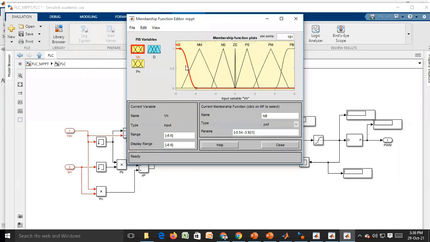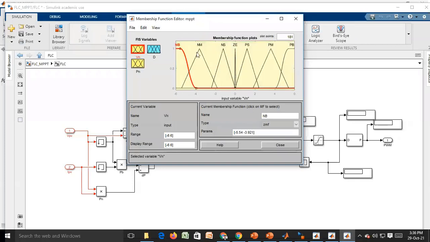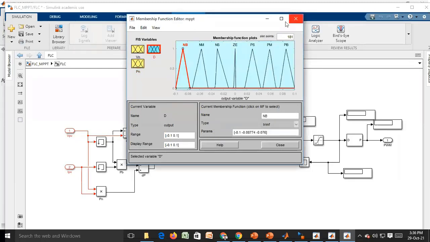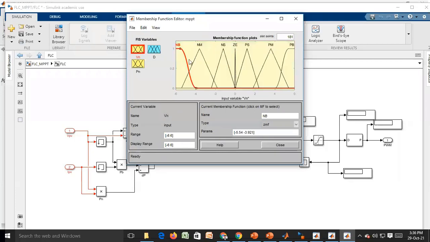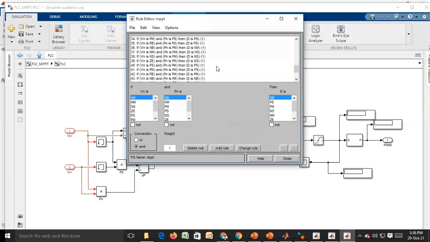The voltage is negative big and the power is negative big, how is the output? Voltage is negative medium, power is negative big or negative medium, negative small, anything you consider, how is the output? I have 7 fuzzy rules for VN and 7 for PN, so there are 49 rules, and those 49 rules are designed here.